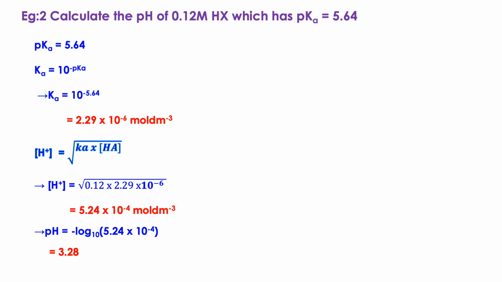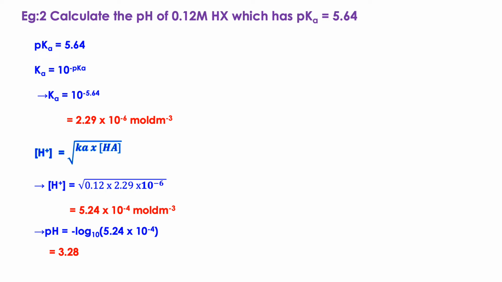Example 2. Calculate the pH of 0.12 moles per decimeter cube of HX, which has a pKa equal to 5.64. pKa given is 5.64.